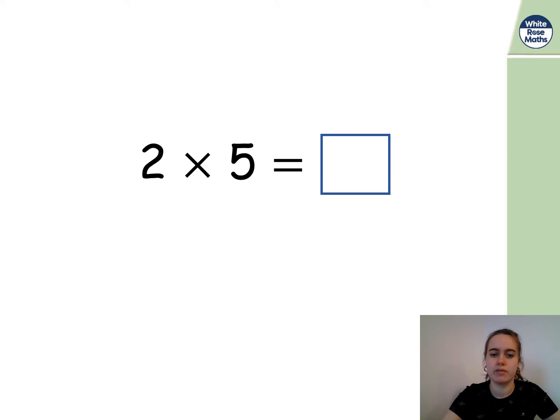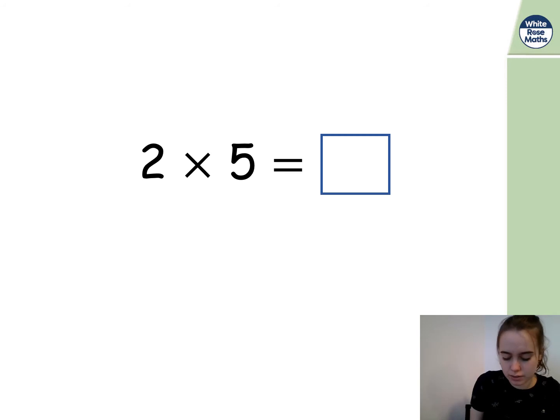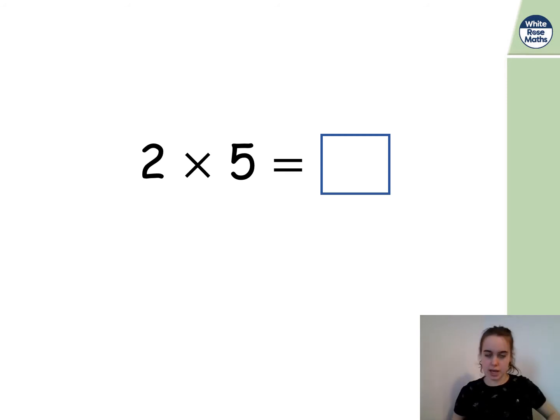Okay, so we have got 2 multiplied by 5. Now, the same as yesterday, on my whiteboard, I'm going to draw an array to help me work this out. You might want to do it differently. I am going to draw 2 groups of 5 in an array. So there's one group of 5 in my array.